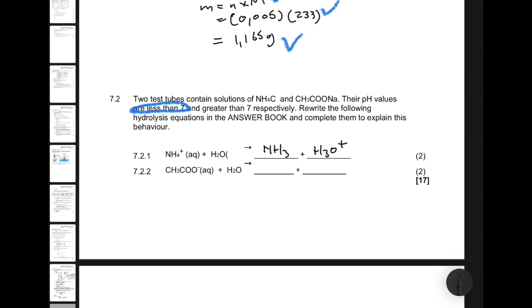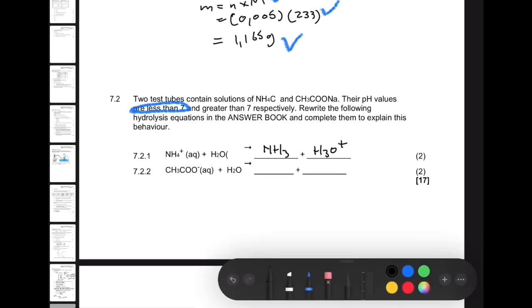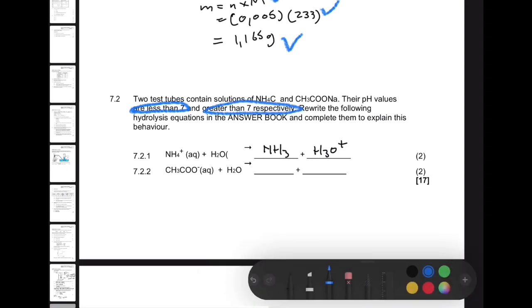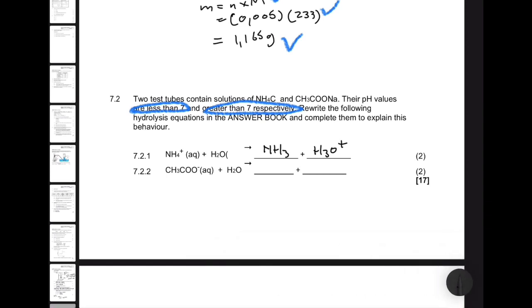And now let's pay our attention to 7.2.2. It is said to have a pH of greater than 7. What does that tell us? It tells us that it is basic, so it's supposed to gain a proton. So we're going to have CH3COOH.